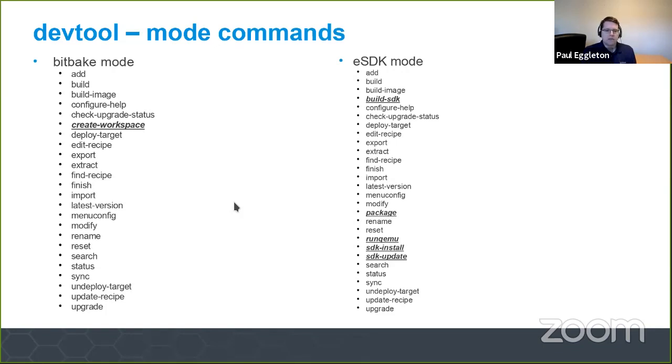I'll cover this a bit later, but the reason we do this is in the ESDK, DevTool is your only interface to the extra functionality that the build system provides. So we have to expose a little bit of that, and also a few other sort of utilities that are helpful within the ESDK context. So they have no relevance next to Bitbake.